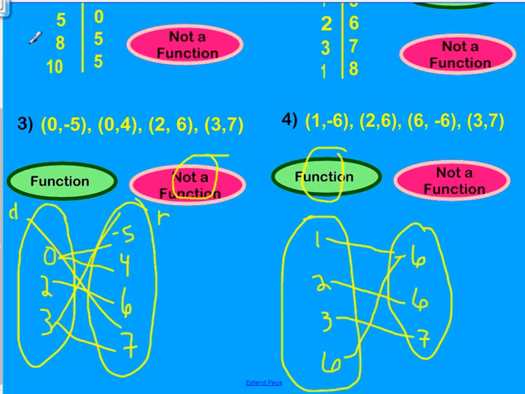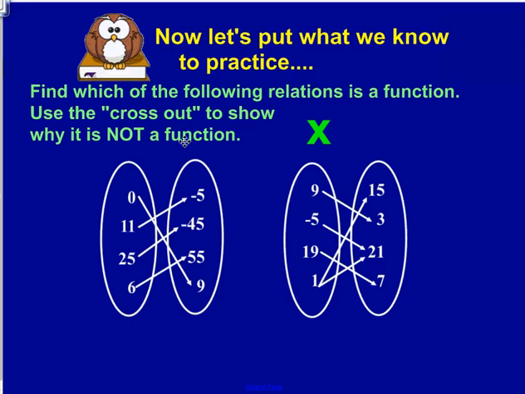All right, so we'll do one more example with that. Okay, so which of the following relations is a function? If you look at this, which one is a function? Remember, you can only have one domain for every range. Okay, you can only have one domain for every range.